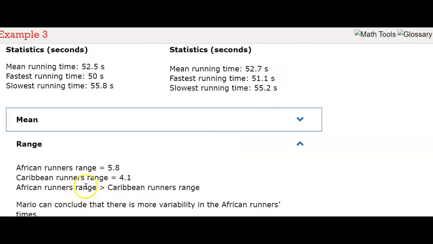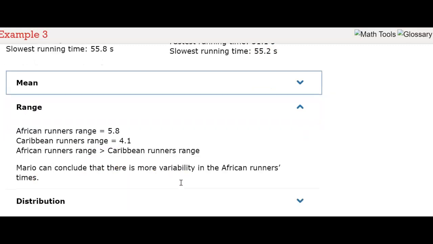And so the African runners' range is greater than the Caribbean runners' range. So Mario can conclude that there is more variability in the African runners' times than the Caribbean runners' times.